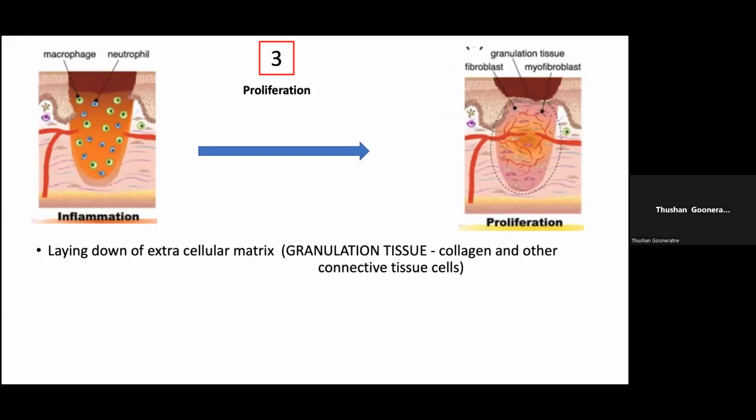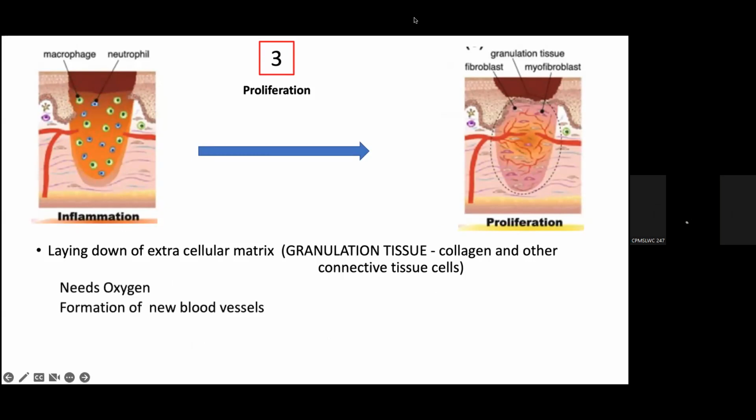As time goes, there's a need to fill the space, and the laying down of what's called the granulation tissue or the extracellular matrix. For this, collagen is deposited, and this is called the proliferative phase.